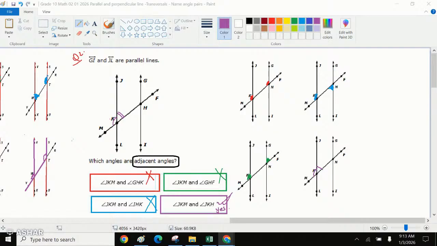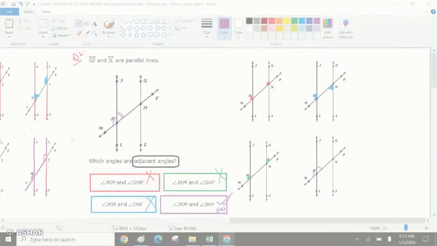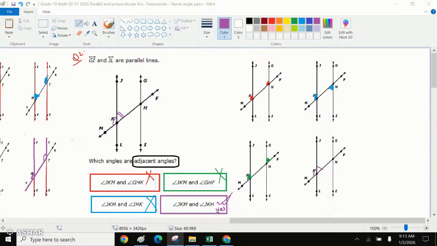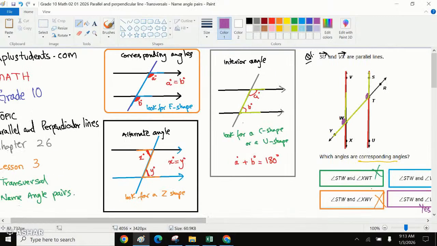Okay, they're asking us to find the alternate interior angles. Let's see what our alternate interior angles would be. So question number 3.